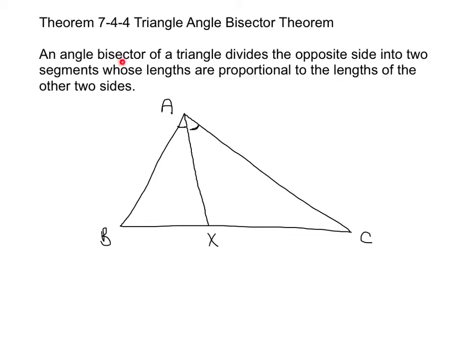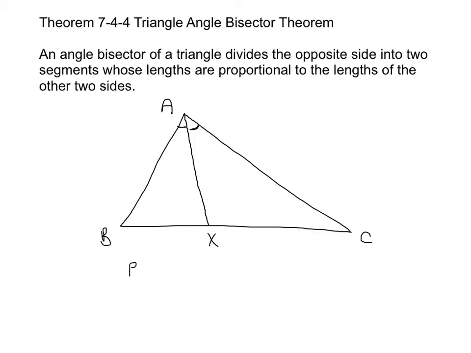Okay, so an angle bisector of a triangle divides the opposite side. Well, our angle was A, so our opposite side is BC. So it's saying it cuts BC into two segments whose lengths are proportional, so the two segments are BX and XC, proportional to the lengths of the other two sides, meaning AB and AC. So what this theorem tells us is that this whole side, BC, is cut into two segments that are proportional.